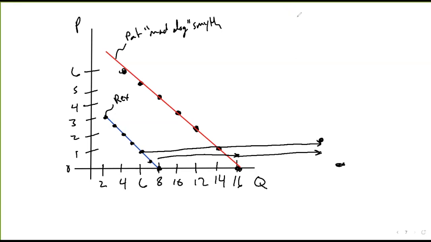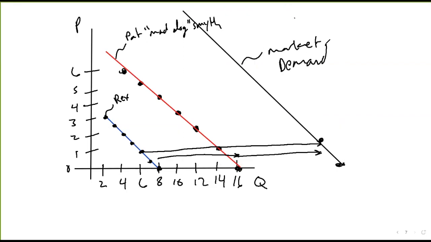And so the market demand is going to be a parallel shift that's the sum of all the individual demands. So that's it for this video. Next time we'll talk about what things influence these demand curves and how they change.